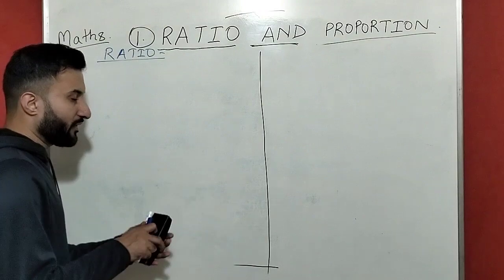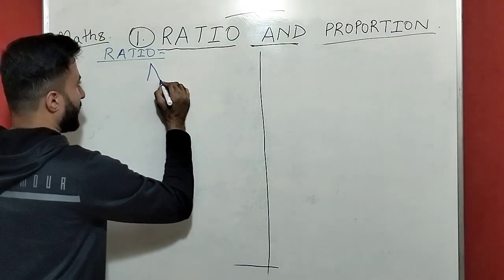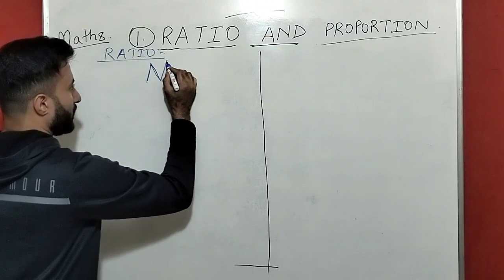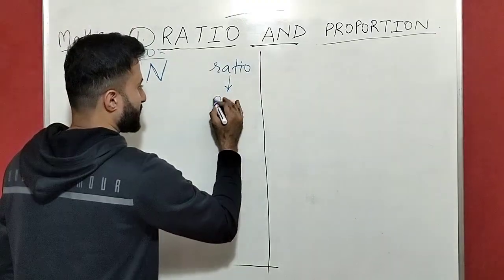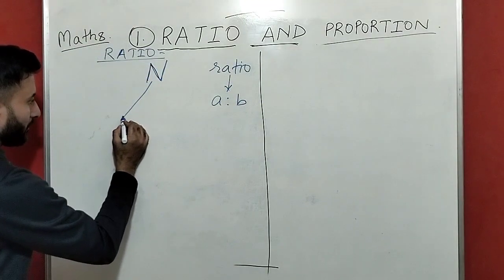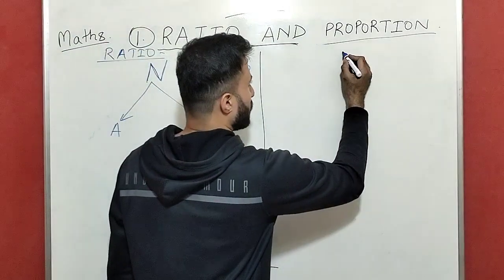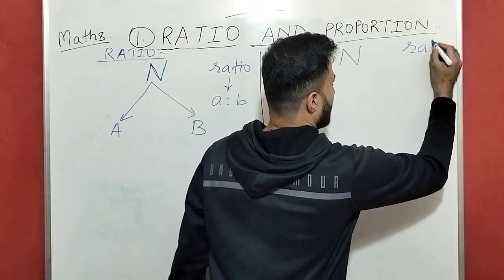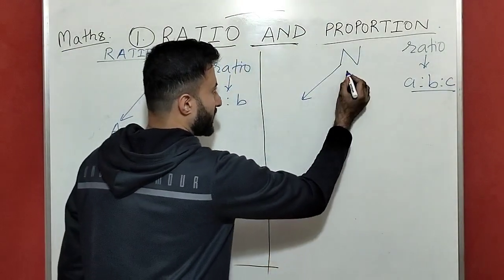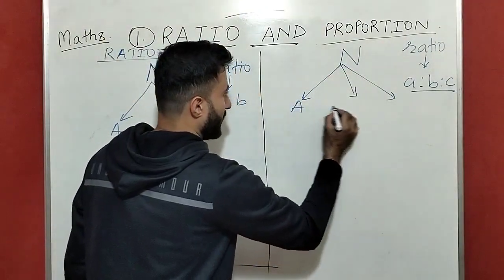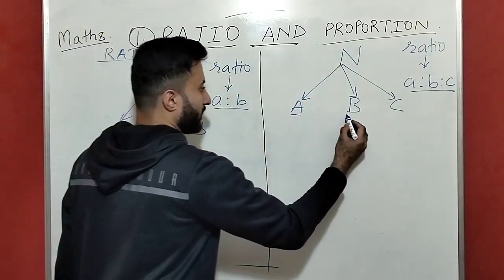Suppose we have any number, indicated by n, and this number is in the ratio A is to B, and we have to divide this number into two parts, which I will take as capital A and capital B. Similarly, if the number n is in the ratio A is to B is to C, we divide it into three parts, capital A, capital B, capital C. See guys, the ratio is in small letters and the parts we divide the number into are in capital letters.